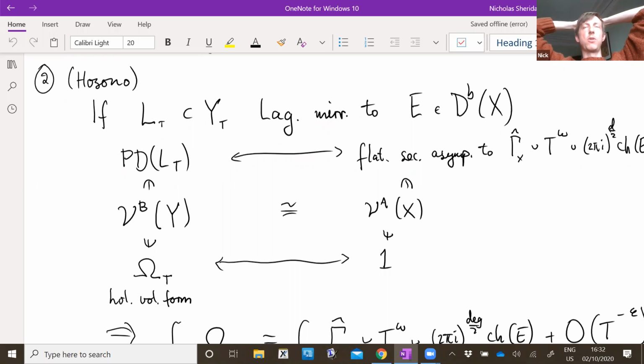You should replace what I wrote with the image of the Chern character from the topological K theory of the variety. I think there's not known to be counterexamples to that conjecture, but it's a more daring conjecture than the one with Q variations. Thank you.